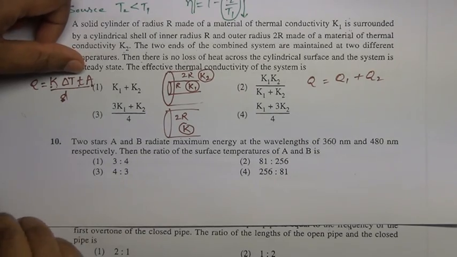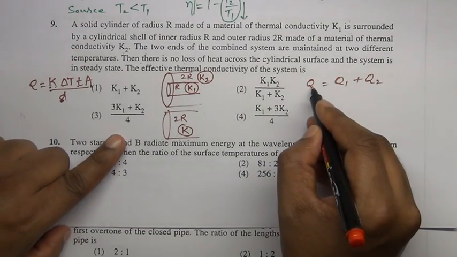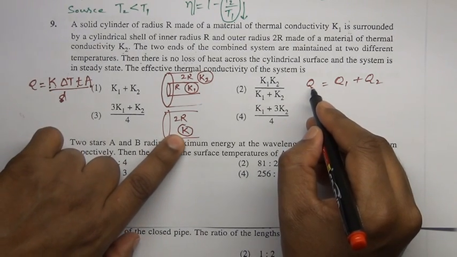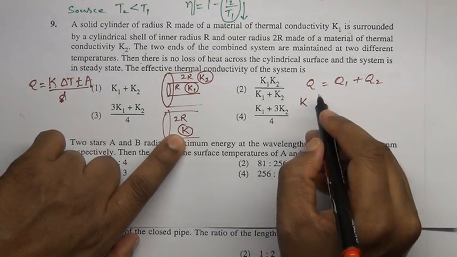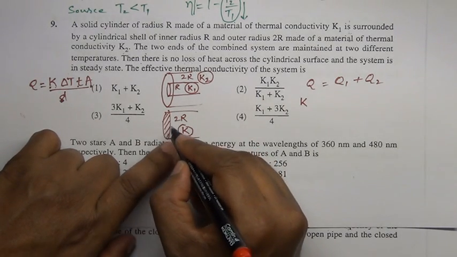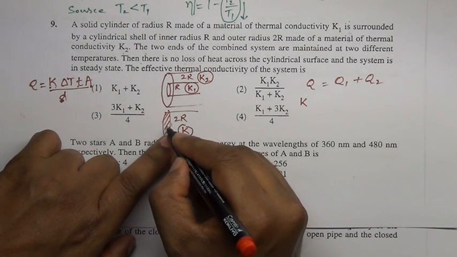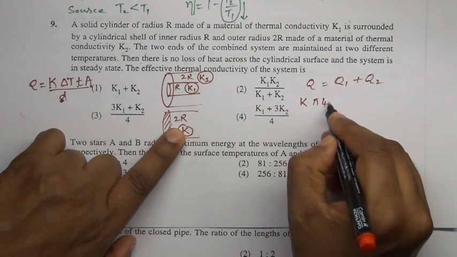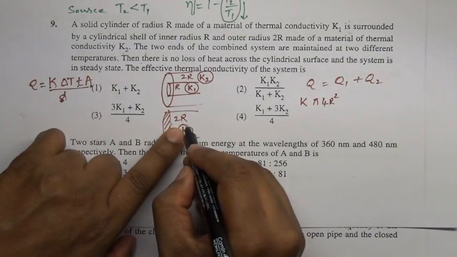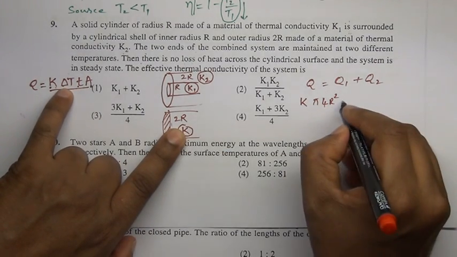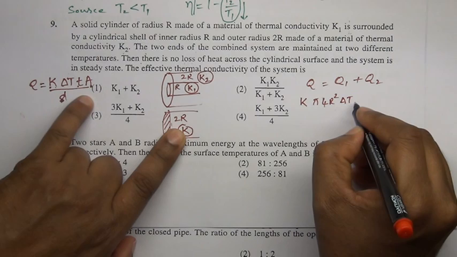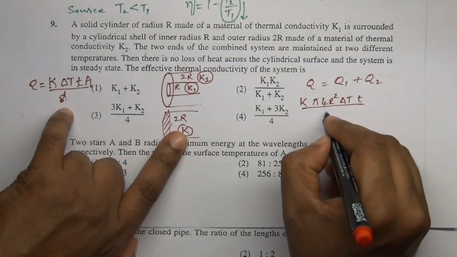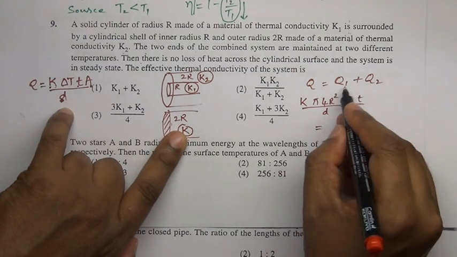For the equivalent material, thermal conductivity K, area of cross section is a circle, pi into radius 2r squared, pi into 4r squared, into temperature difference delta T, time T divided by D, equals Q1 plus Q2.